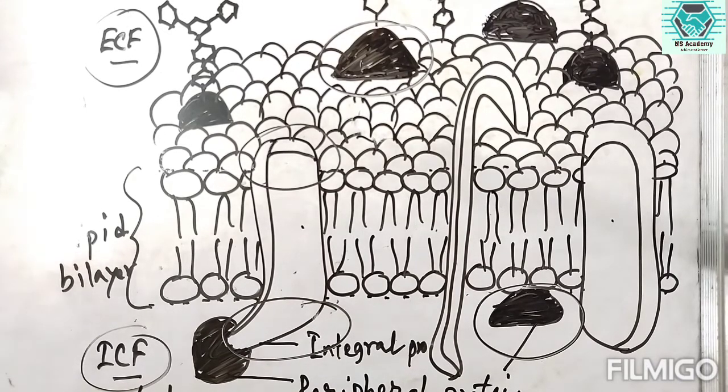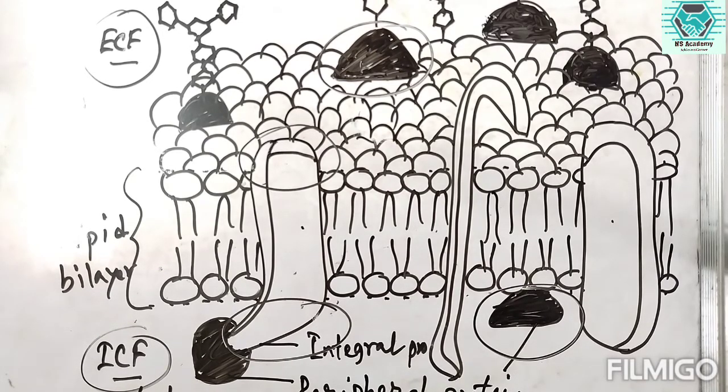The carbohydrate molecules are attached to membrane proteins or membrane lipids, and all of these constitute the whole plasma membrane or cell membrane.